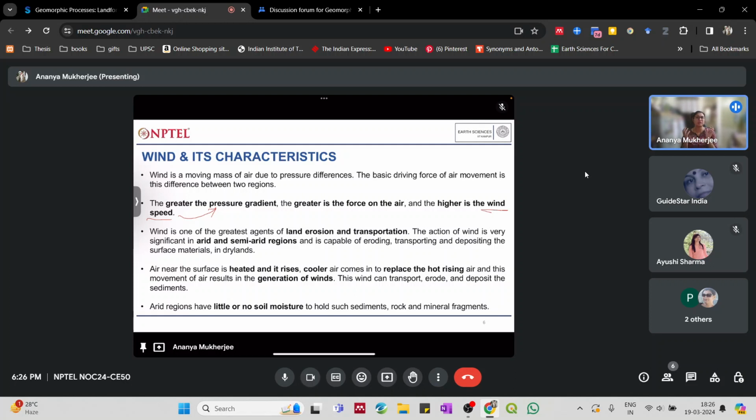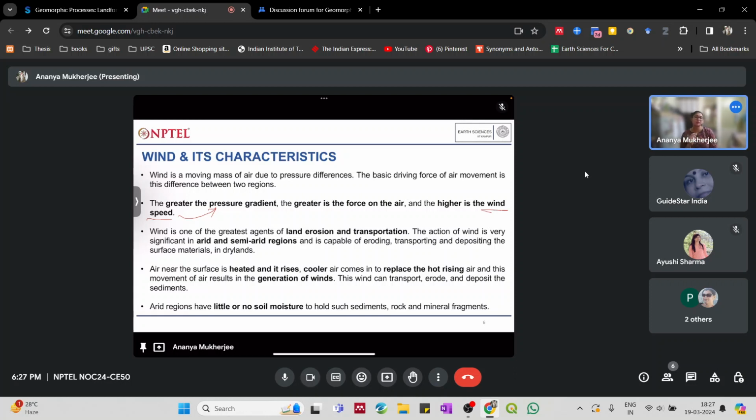If there is a huge area with no obstruction, and the wind speed is enough to carry the material with it, the wind can cause a very high level of erosion, where all the small sediment particles can be blown off from that area, and what you are left with is just a dry rocky terrain.